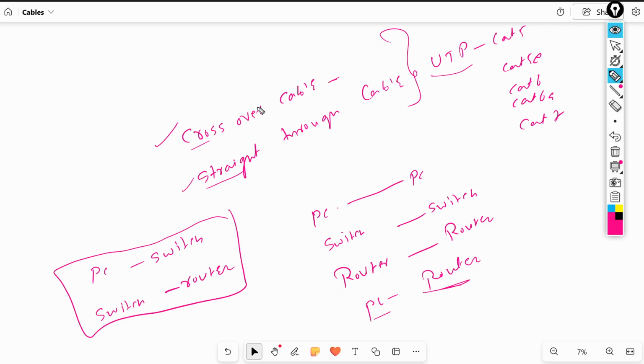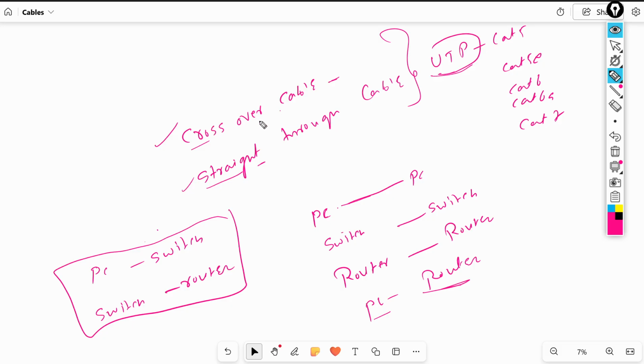For example, if you want to connect PC to PC, which cable do we need? Cross cable. So we will make our UTP cable as a cross cable. And if you want to connect from PC to switch, we will make the UTP cable as straight cable.